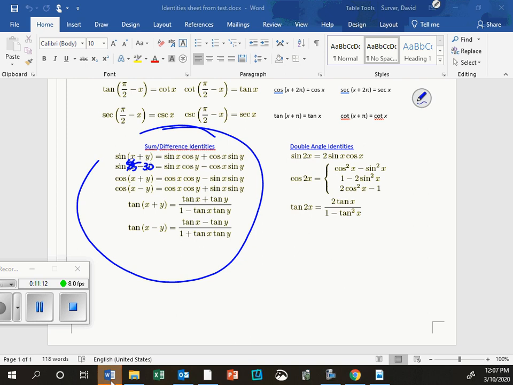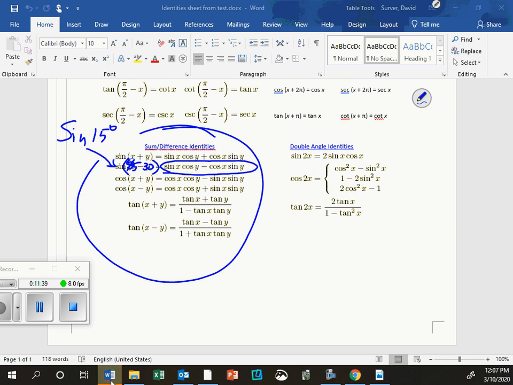Do you get how that's the same as sine of 15? 45 minus 30 is 15. But you know what sine of 45 is. It's a way of figuring out what sine of 15 is without a calculator. Sine of 15 would be the same as sine of 45 minus 30, and we've got a formula for that. It's this.